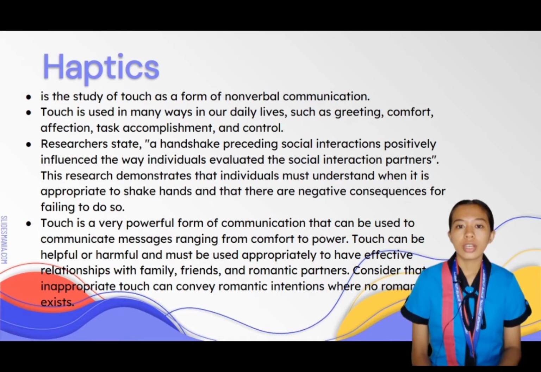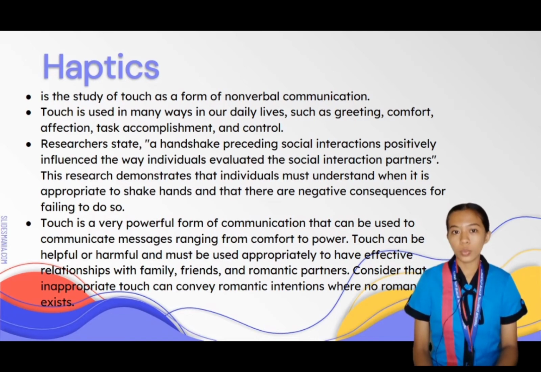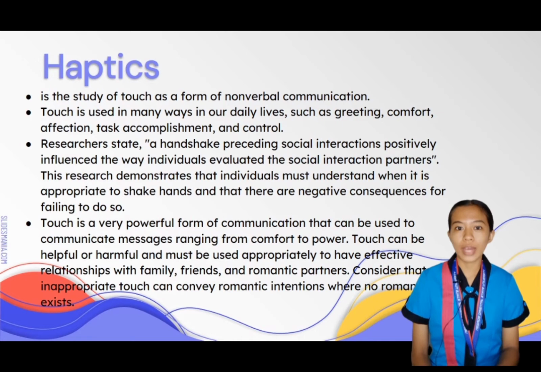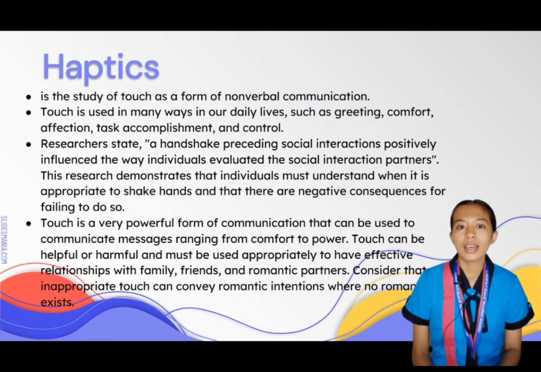This research demonstrates that individuals must understand when it is appropriate to shake hands and that there are negative consequences for failing to do so. Importantly, an appropriately timed handshake can erase the negative effects of any mistakes one might make in an initial interaction.